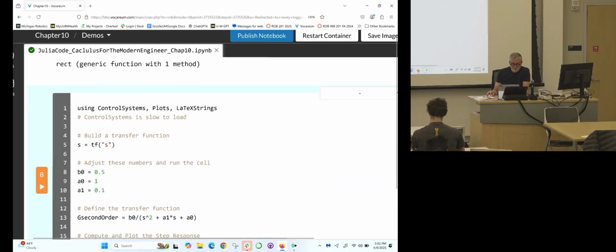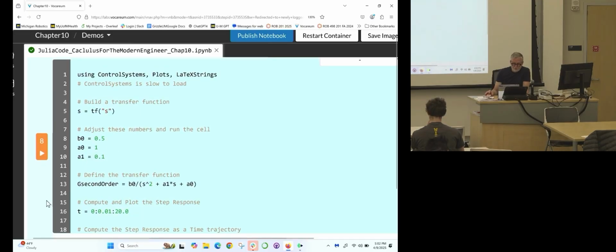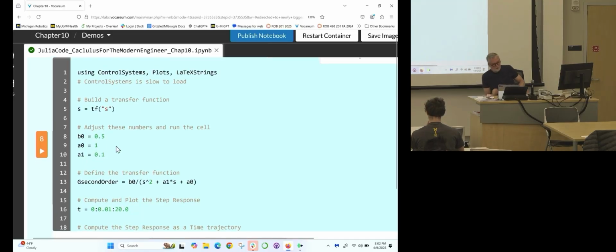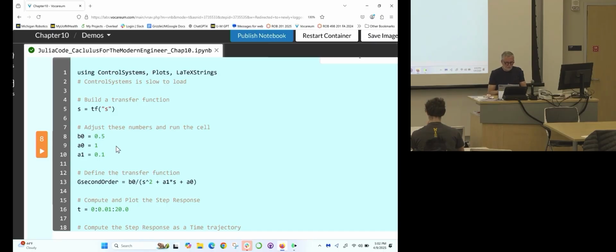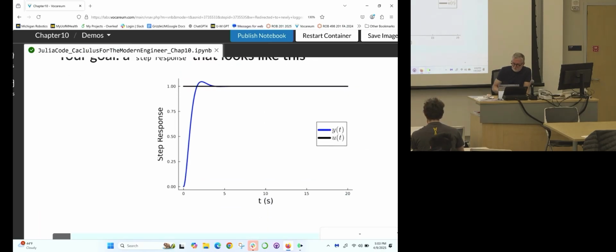Okay, so play with A0 and A1. You can leave B0 like it is if you want. And just play for a couple minutes and see if you can get anywhere close to something like this. I'll keep this up while you're playing with it.